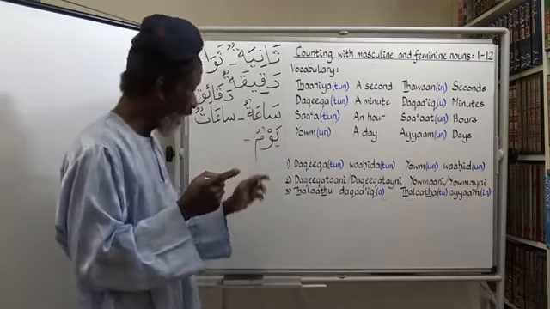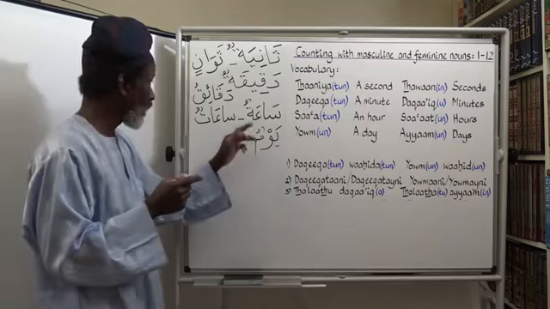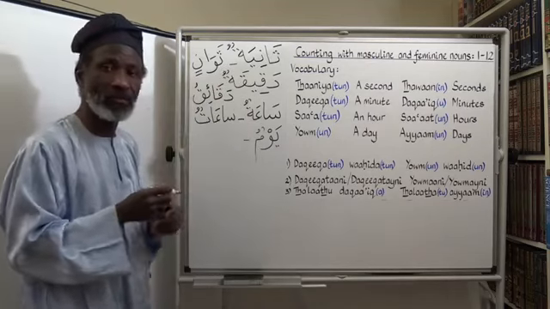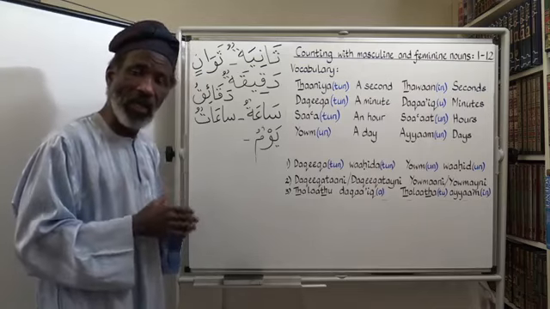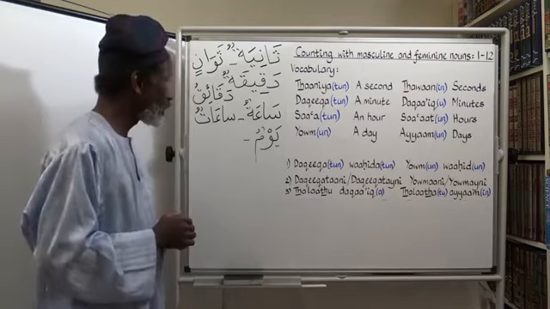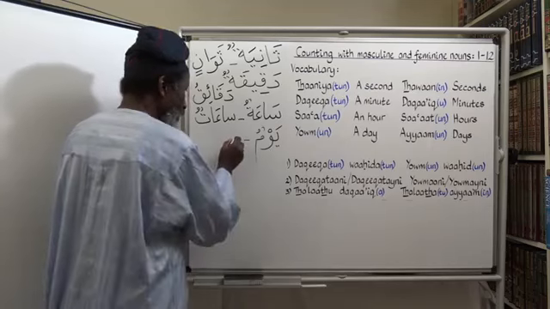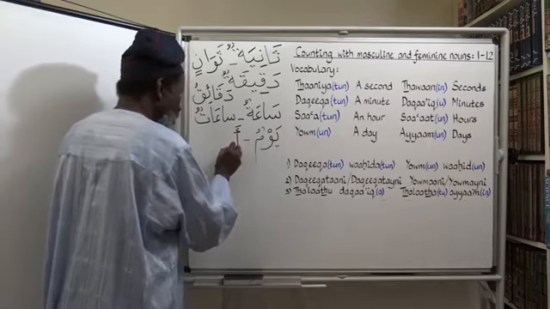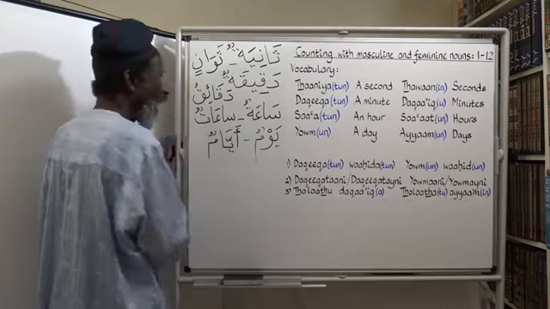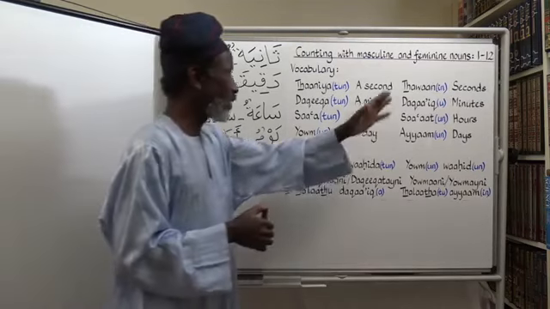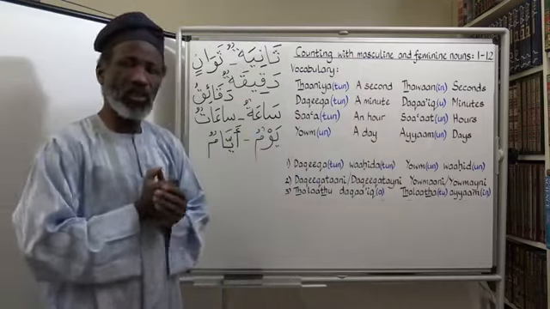A day. Now, that's masculine. There is no ta marbuta at the end. So that's masculine. Yawm is regarded in Arabic as a masculine word. Ayyam is plural. Ayyamun. Days. Now, we set the stage.